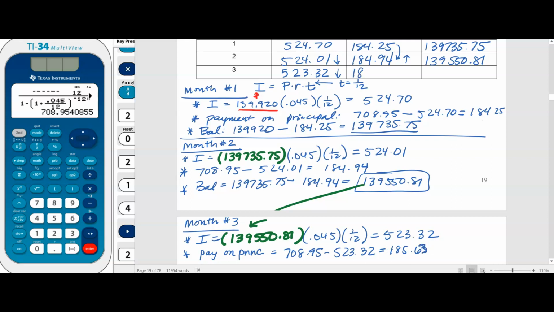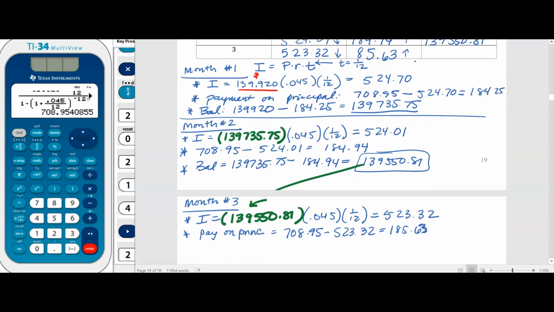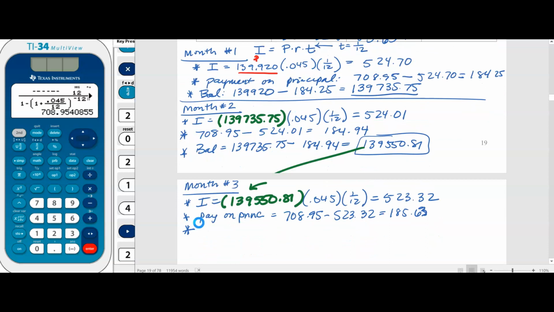And that's going to go up here in this box, 185.63. So notice that increased slightly from that last month. So now every month that goes by, we're paying more down on our house and less money directly to the bank. And then last step is we're going to find our new balance on the loan.